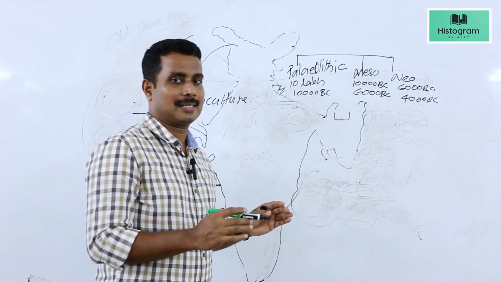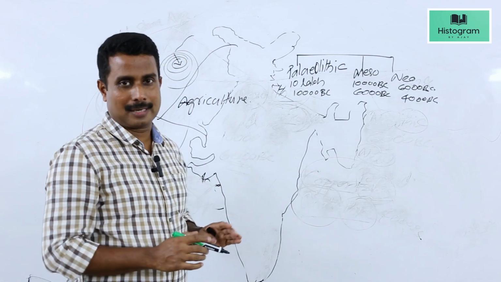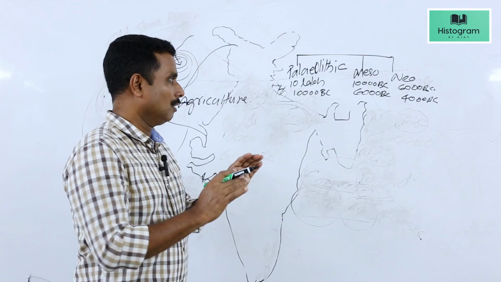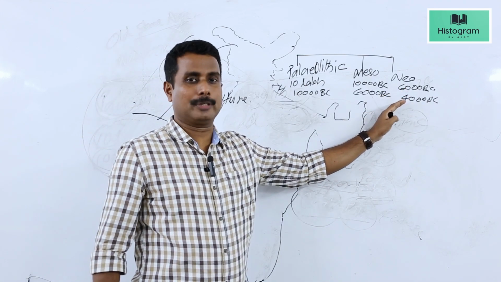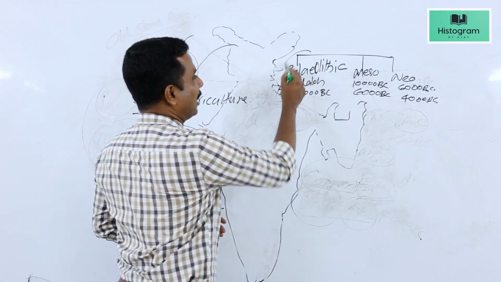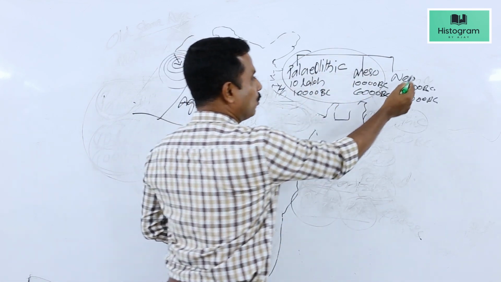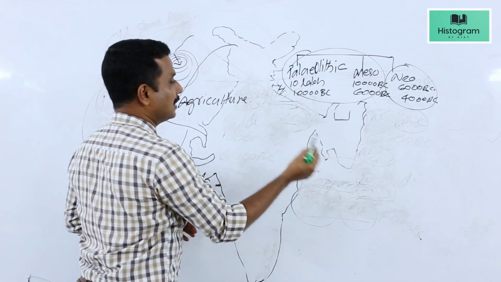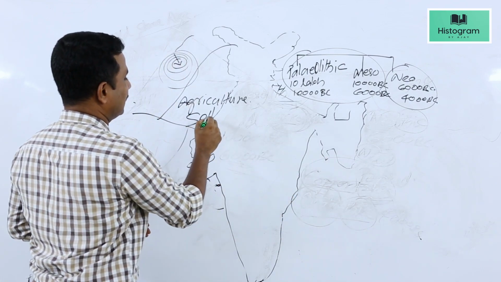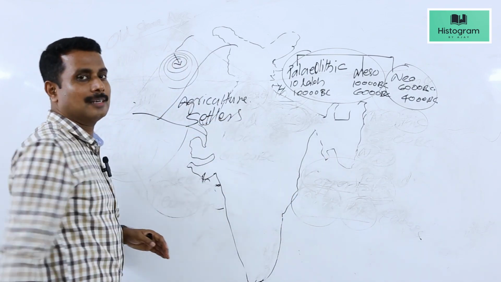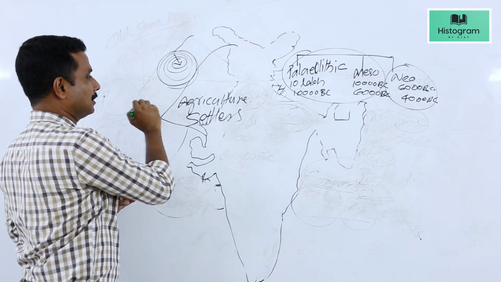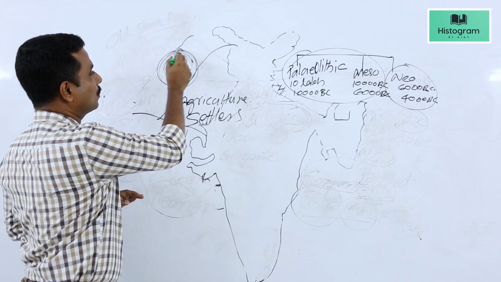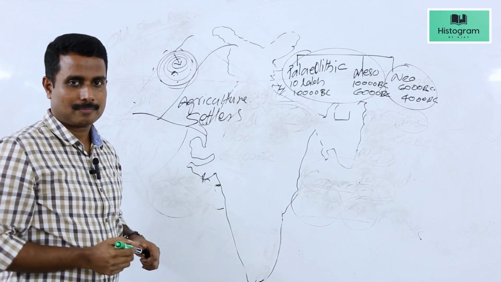They were the earliest people who practiced agriculture. Because of that, they were also the first settled communities. Till then, people had been wanderers. Neolithic men were the earliest settlers in India.